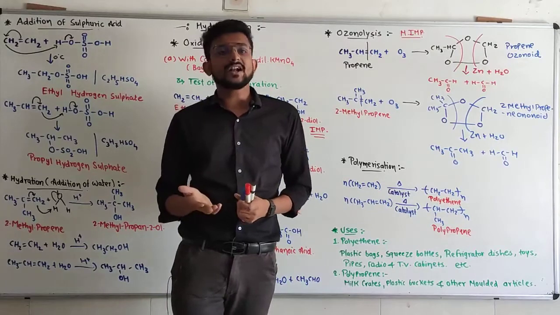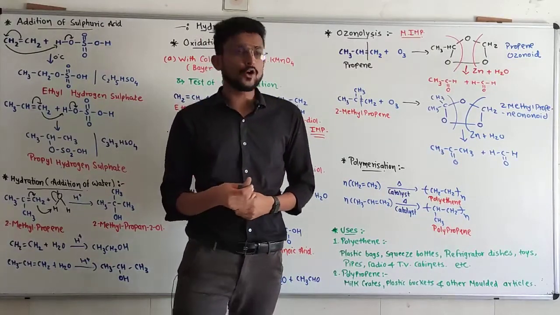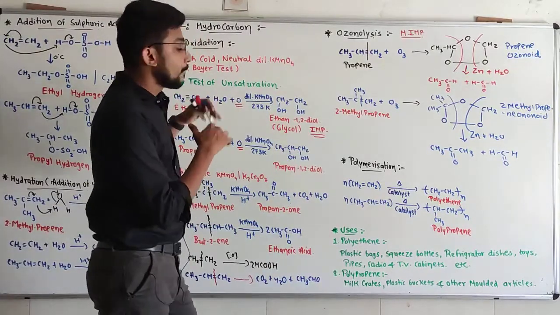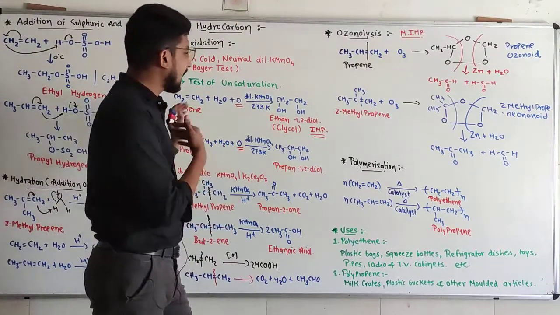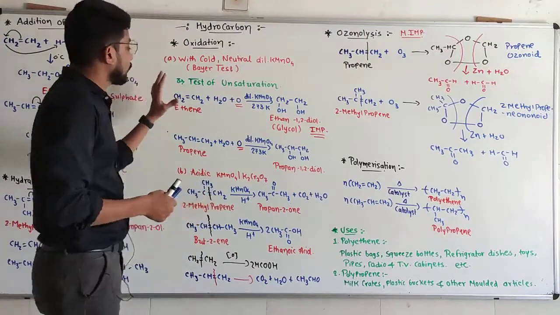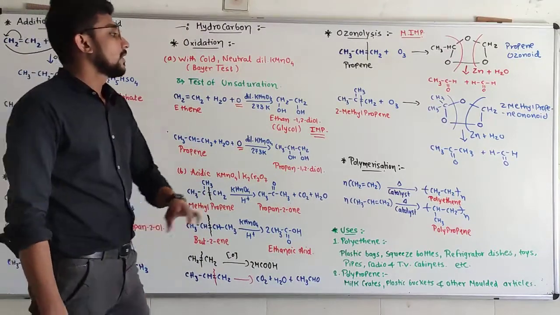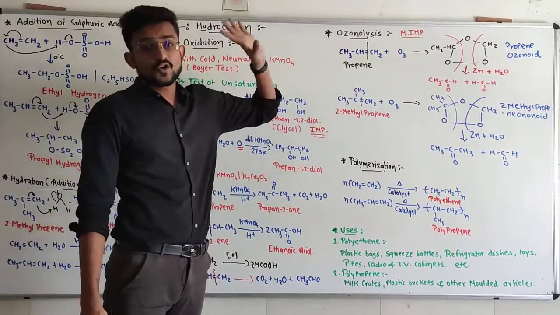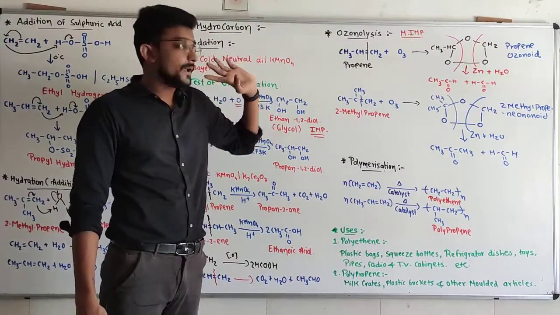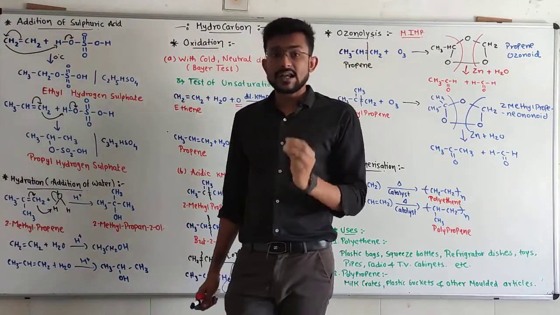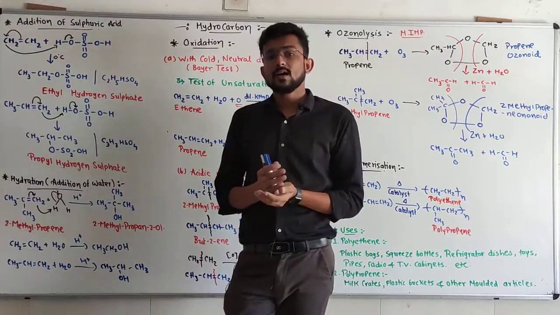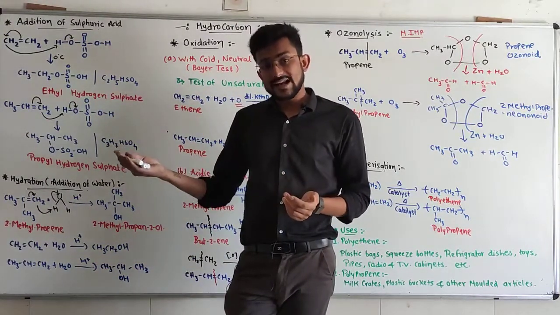Whenever we start the JEE and NEET lectures, we will discuss the remaining properties of ethene, or you can say alkene. There are many more types of oxidations, a detailed concept of ozonolysis, and many different addition reactions in the JEE NEET course.